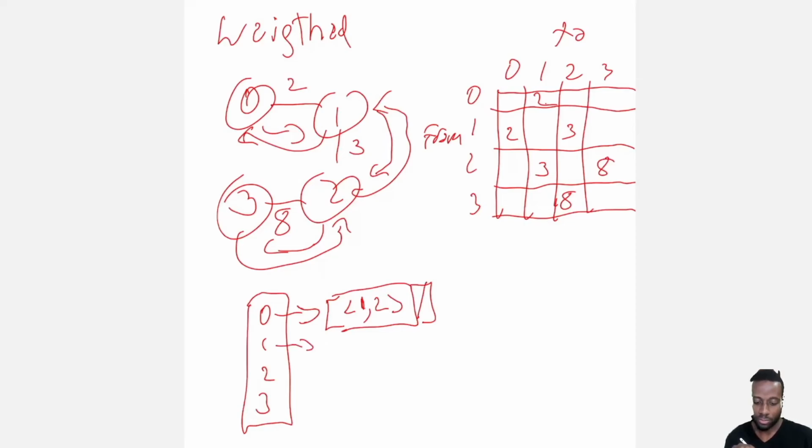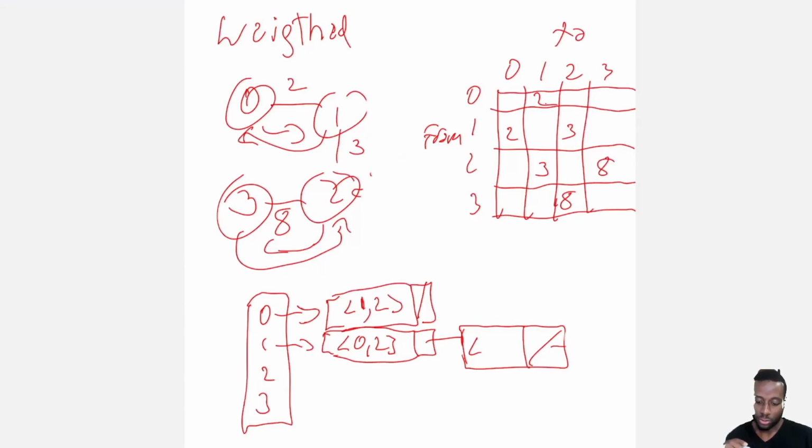Then from 1, we're going to add 0 and the cost of 2. And then 1 has a connection to 2 as well. So we need to show the connection for 2.